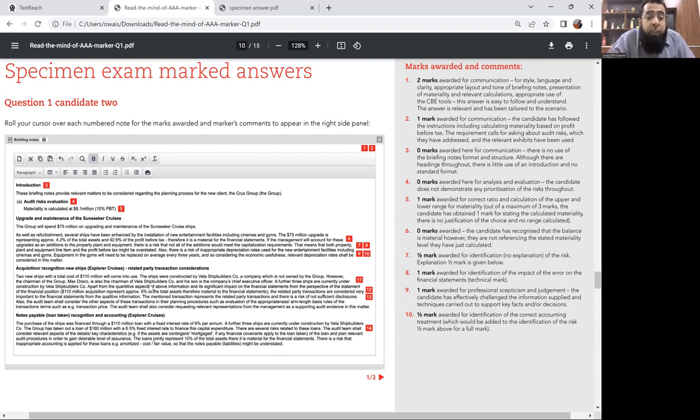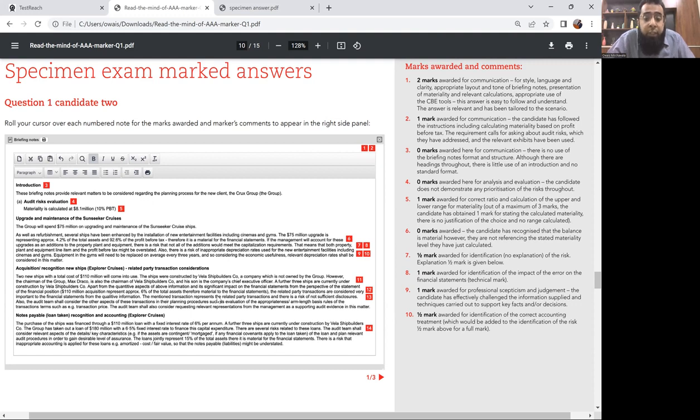Apart from the quantitative aspect of the above information and its significant impact on the FS, from the perspective of the statement of financial position, the $110 million acquisition represents approximately 6% of total assets and is therefore material to the FS. Again, he is not using the materiality level which he himself calculated. The related party transactions are considered very important to the financial statements from the qualitative perspective.